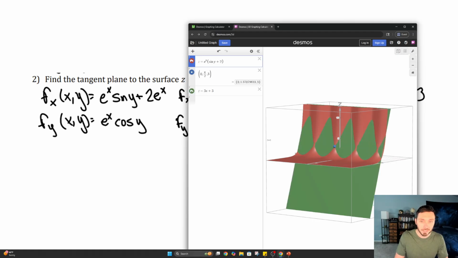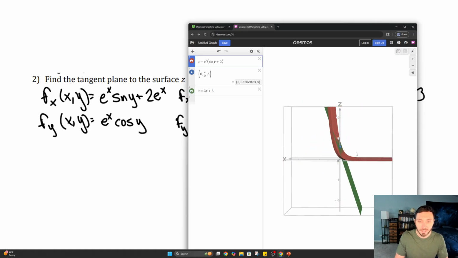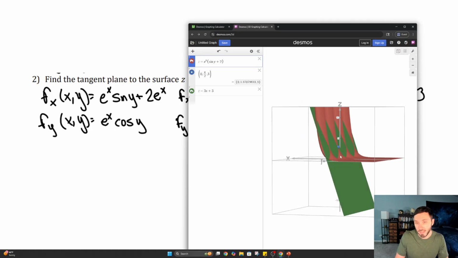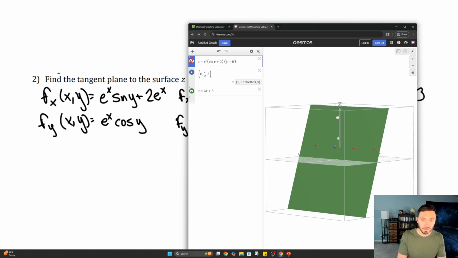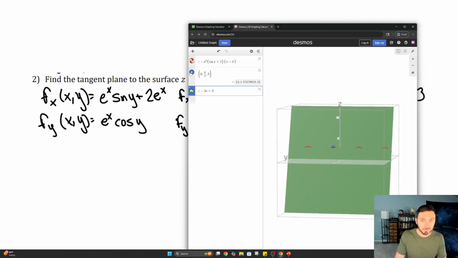If I come up with that tangent plane, you'll see that y doesn't have any impact at that moment. What's the interpretation? The change of z with respect to y is 0. Actually, let's take a look at those curves because that could be fun. What if we look at when x is fixed to be 0? So, right.